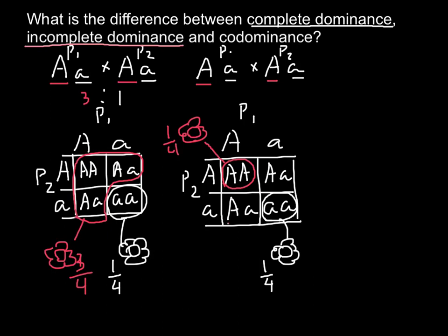And this heterozygous genotype would produce flowers that are going to be pink. So pink color would be intermediate between red and white, and we are going to have them 2 out of 4.